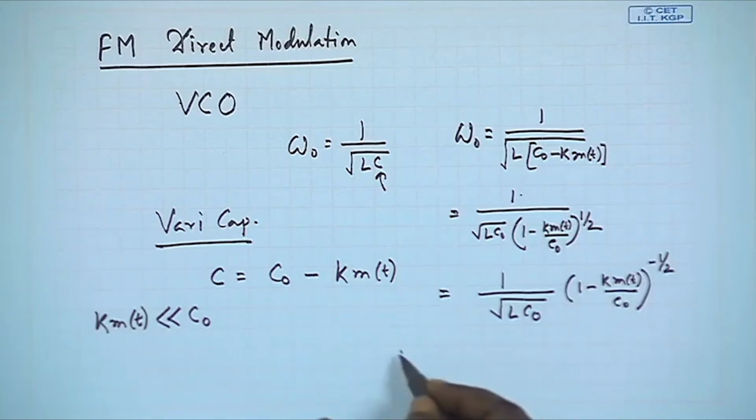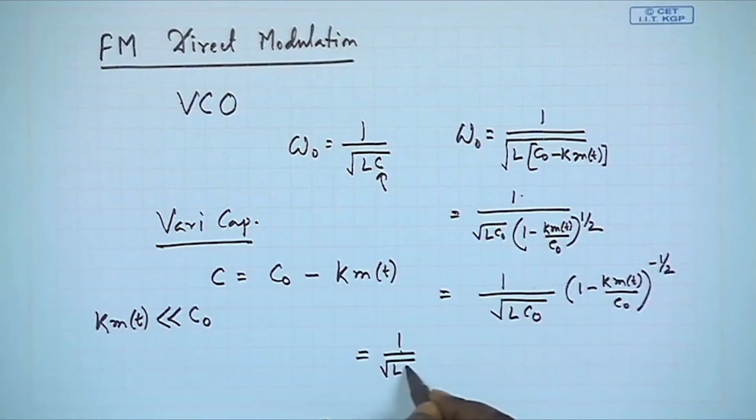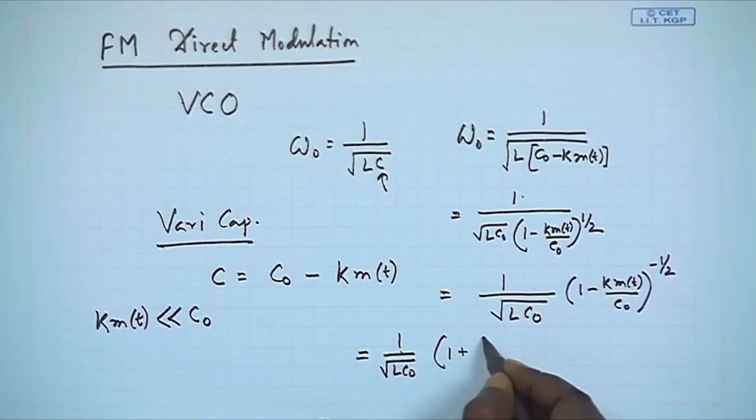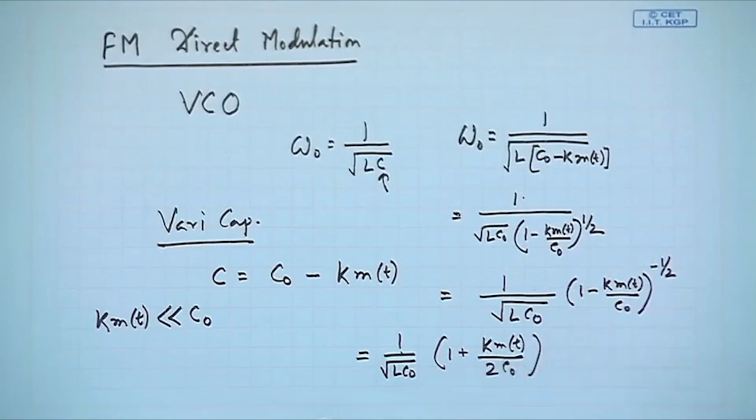So, immediately I will get omega 0 is equal to 1 by root L C0 times 1 plus K m(t) divided by 2 C0, and all other terms will be neglected. So, I have just done a Taylor series expansion as long as this particular thing is valid. Generally, m(t) remains linear in a very small region, so this condition is almost all the time valid. So, if that is the case, we get an omega 0.